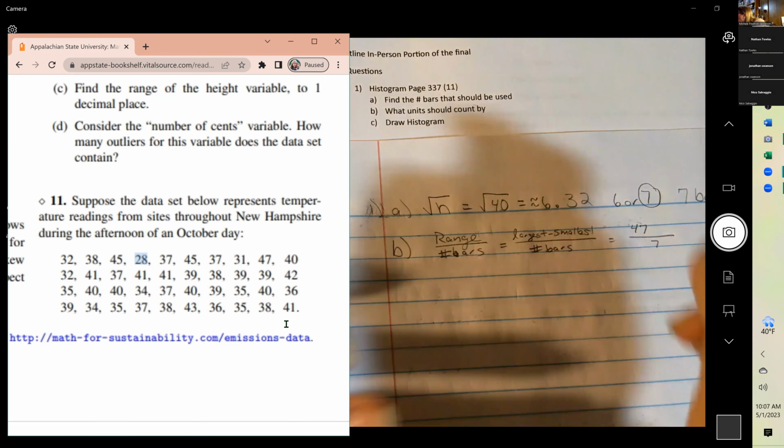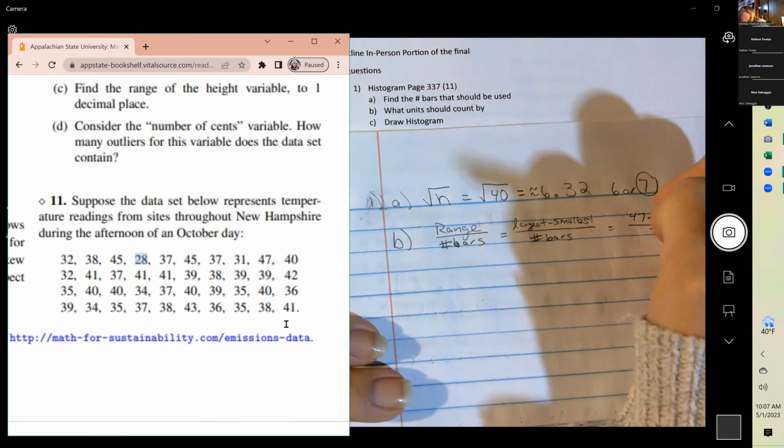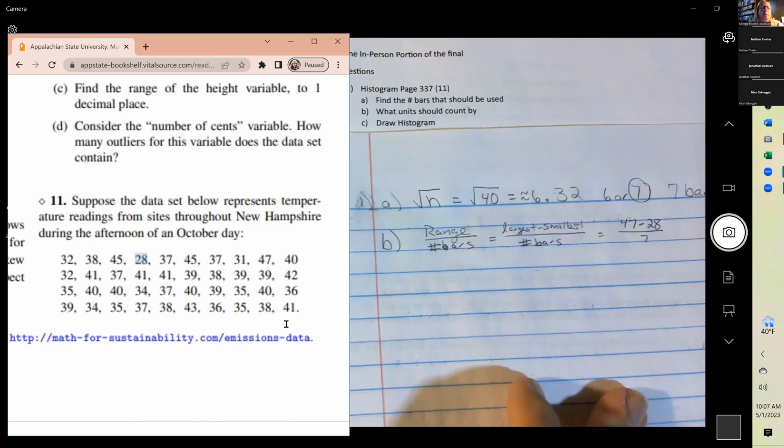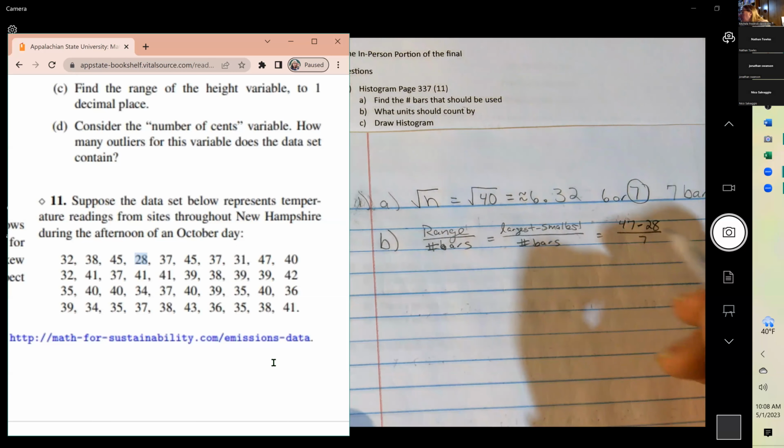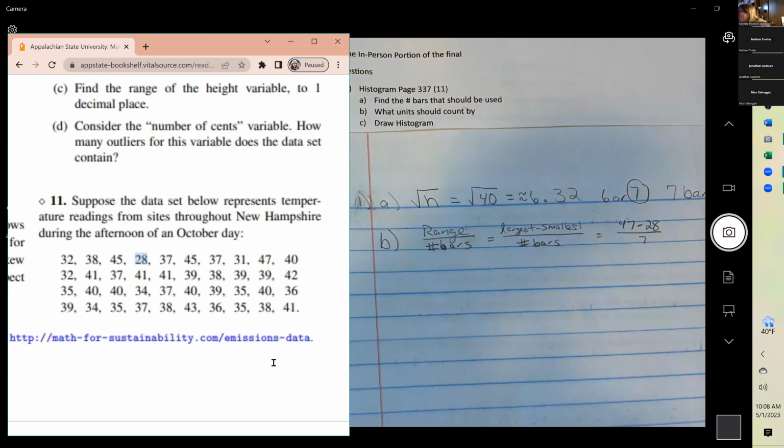I think 28's the smallest. Is that what everyone's finding? Should have picked one in order. Okay, so we have 47 minus 28 divided by 7.